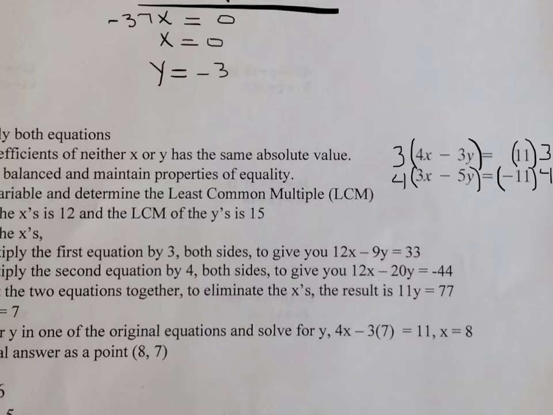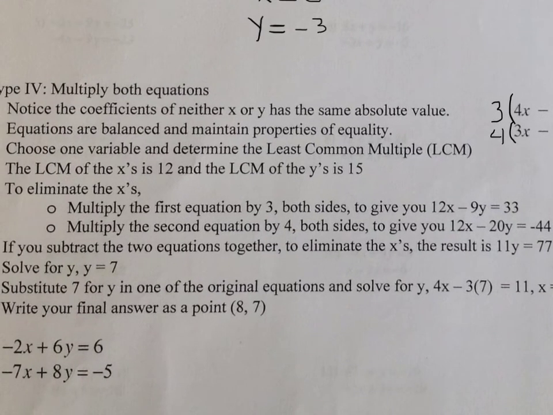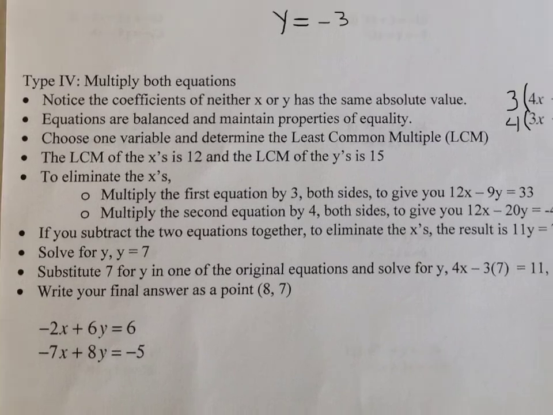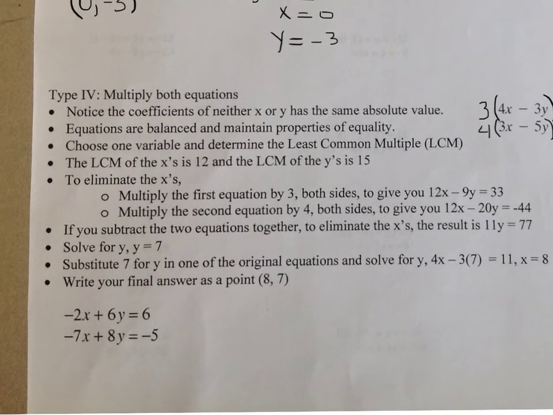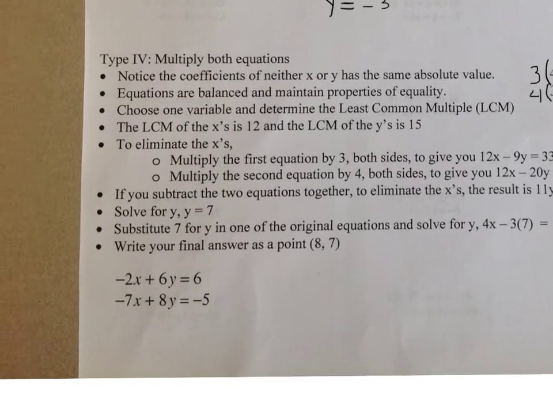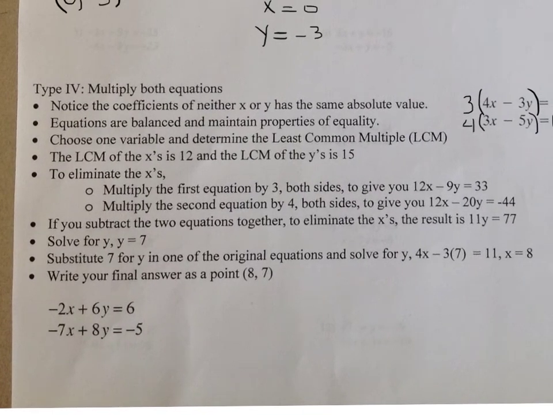Do we add or subtract? And of course we're going to subtract. And now that eliminates the x values. And the result will give you y equals 7. You substitute 7 in for y on one of the originals to get 8, 7.